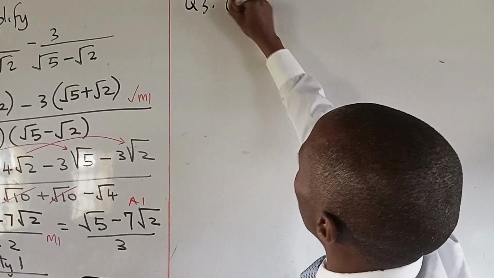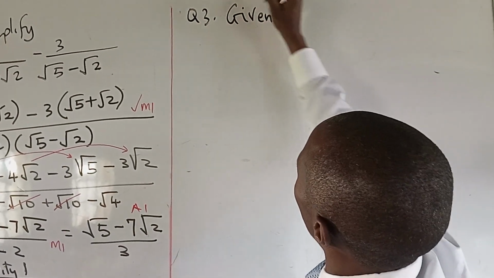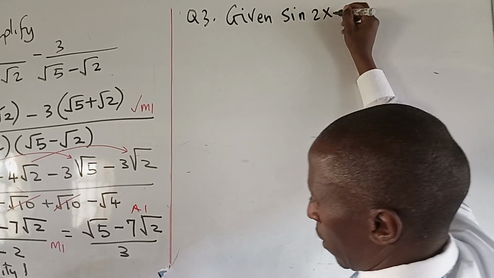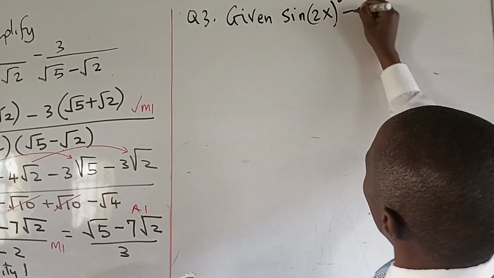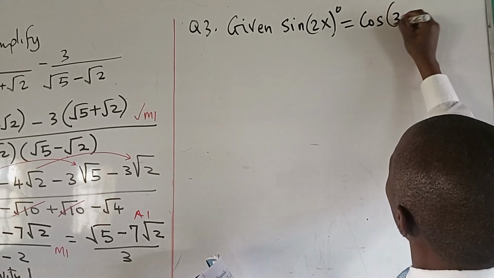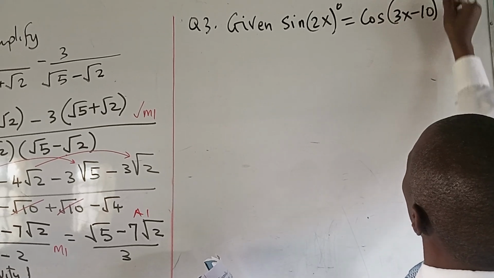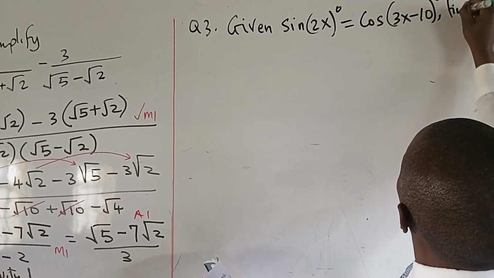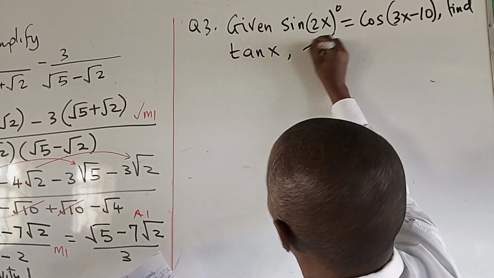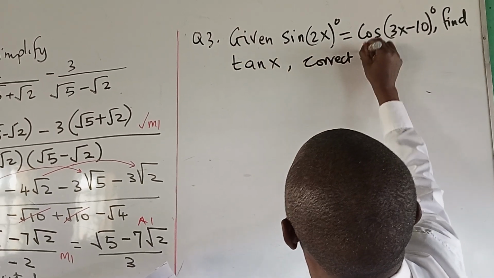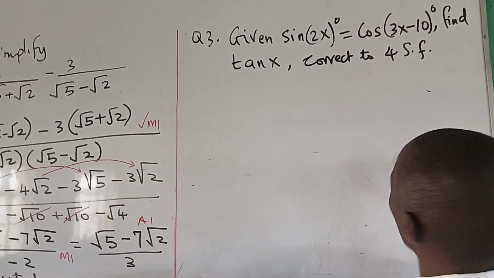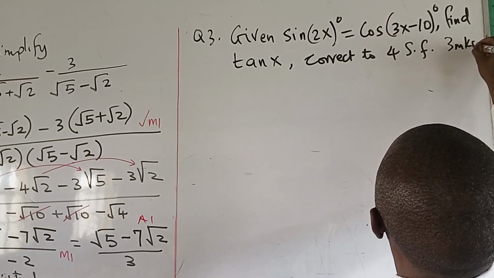It says that given sine 2x degrees being equal to cosine of 3x minus 10 degrees, find what is tan x correct to 4 significant figures. And this is a question worth 3 marks.